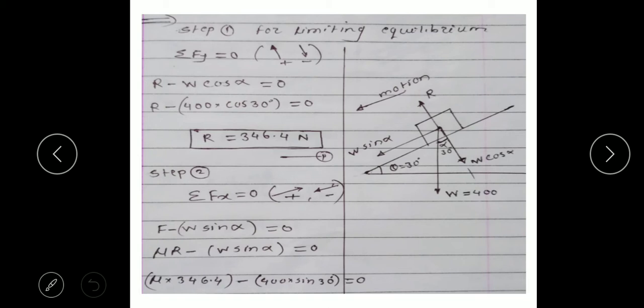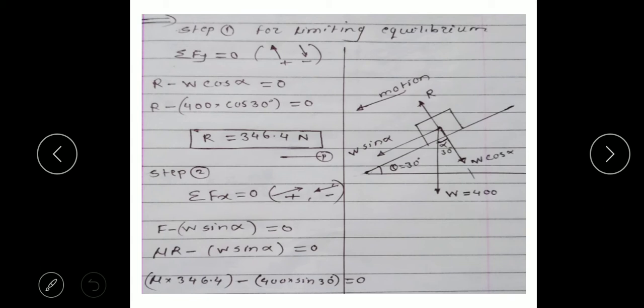External force is absent, which means P is absent here, and this is the main concept of this numerical. When the external force is not given, no need to find it. If they are asking for the external force, then it is important to find it. If they are not asking, don't try to find P; consider P absent and solve the numerical.